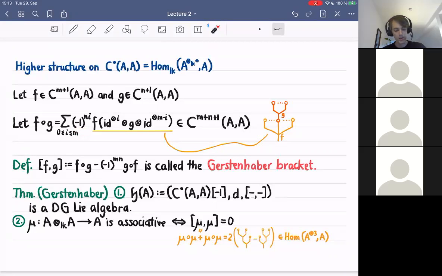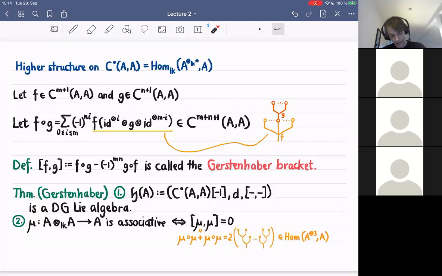And then from the circle product, you can define the Gerstenhaber bracket as the graded commutator of these elements. Sometimes people use different conventions, but here I've written m and n because this f is in Hochschild degree m+1. Okay, and then the theorem that Gerstenhaber proved was in the context of deformations of associative algebras.